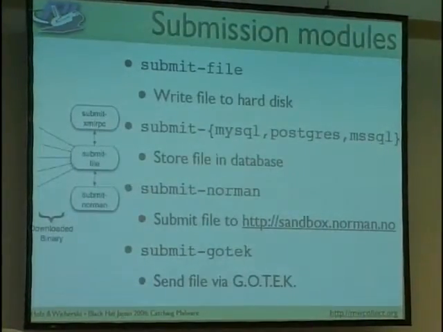There's a submission module which automatically sends the malware to the Norman Sandbox. You configure your email address in the submission module, and so you automatically get an email from the sandbox with the result. CW Sandbox also has a public interface, and in cooperation with cwsandbox.org, the same module also works with CW Sandbox. And there's the submit Gotek protocol, which submits a file via the Gotek protocol, which I'm going to come back to later.